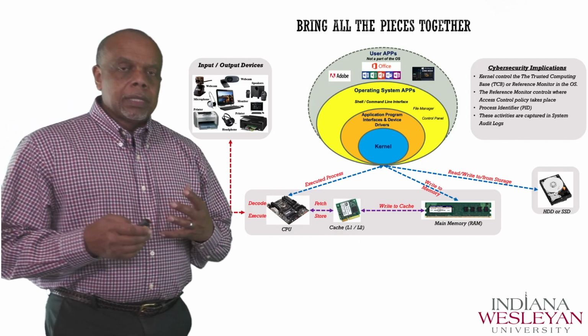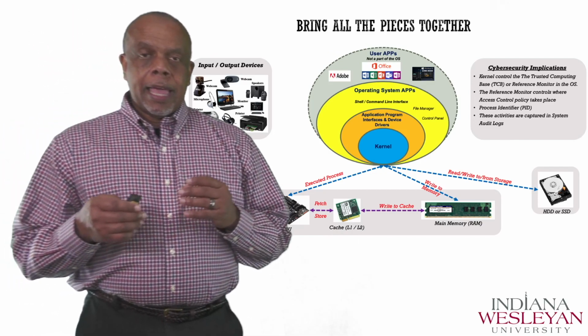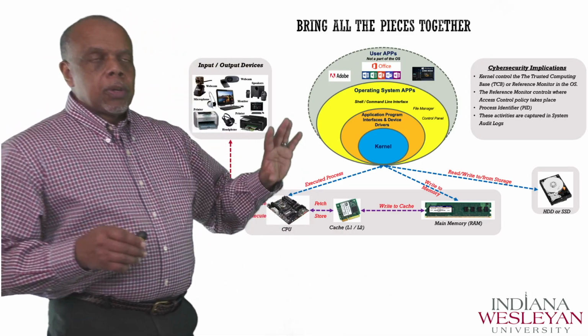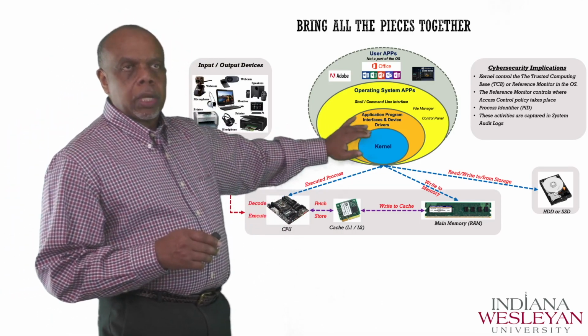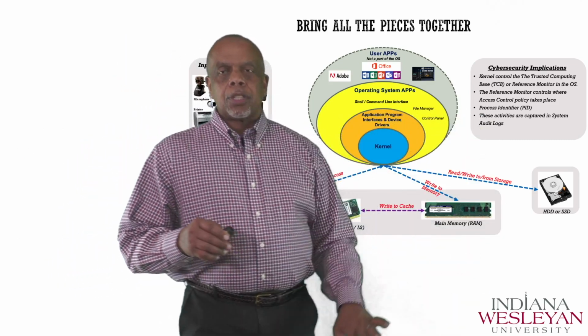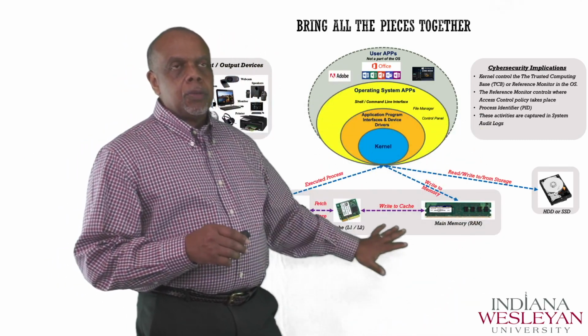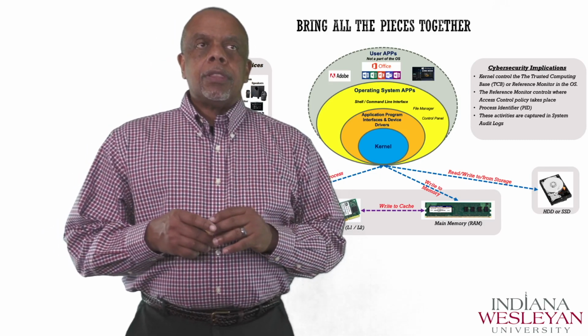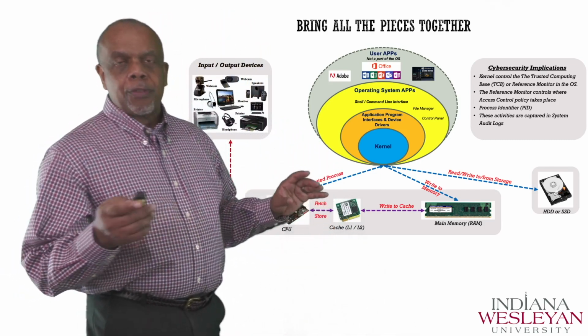Now, when we talk about these things, even though this is an A+ class, meaning hardware, you always want to think how to operate securely. There are some cybersecurity implications to how we do business like this. A term you may hear in this class is the trusted computing base or reference monitor.